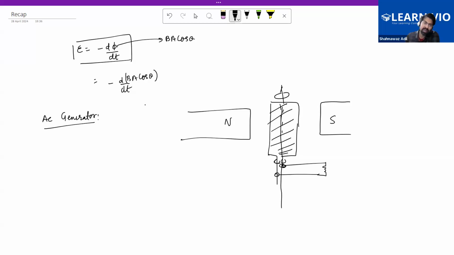So you have B fixed, you have area fixed, and the angle is changing. Theta is omega t because the angular velocity is constant, so theta by t is omega. Theta is omega t, where omega is the angular velocity.